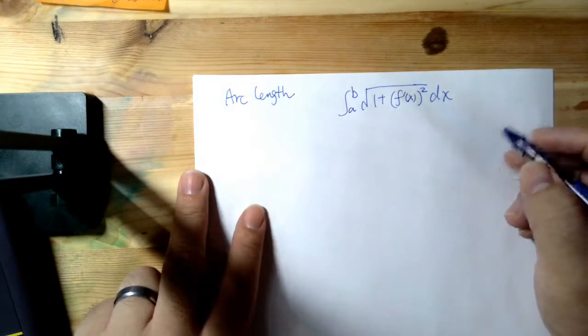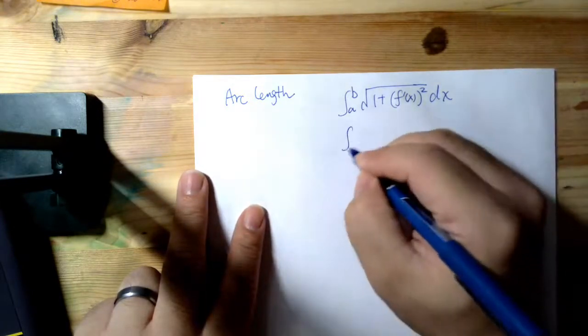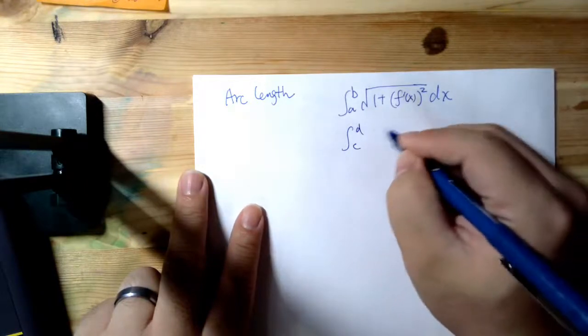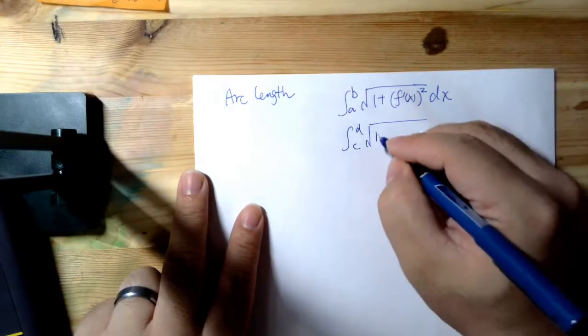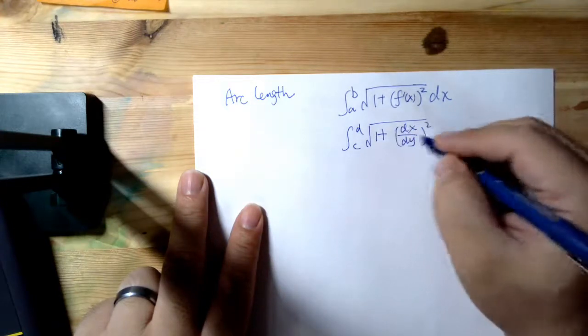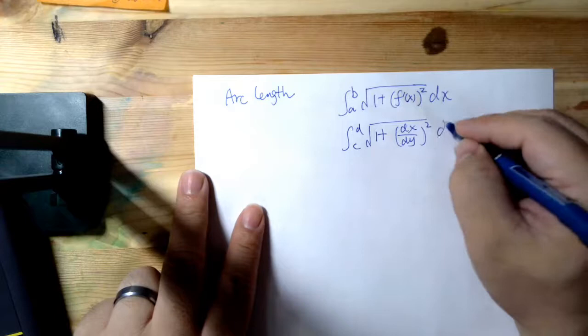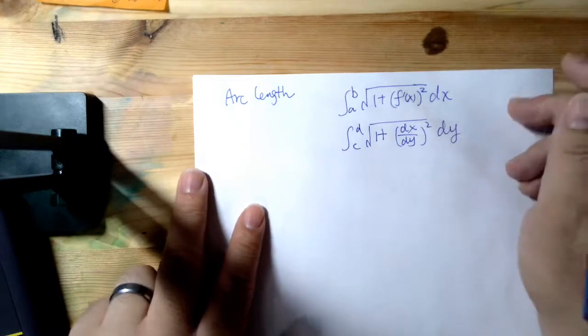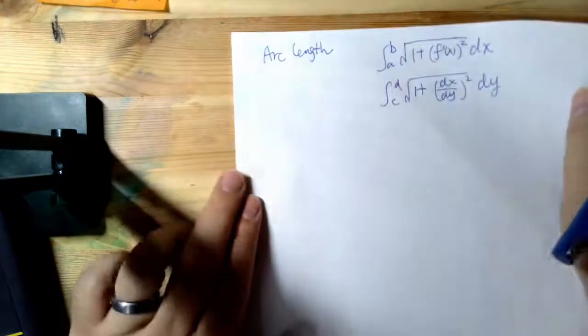If that's the case, you can write the alternative formula, which is dx/dy, taking the derivative with respect to y, and then dy. But the idea is exactly the same thing.